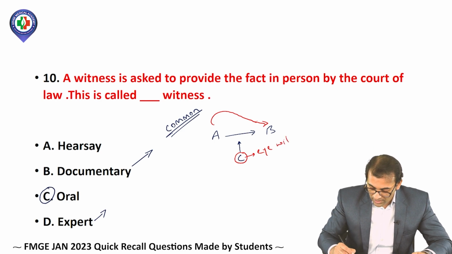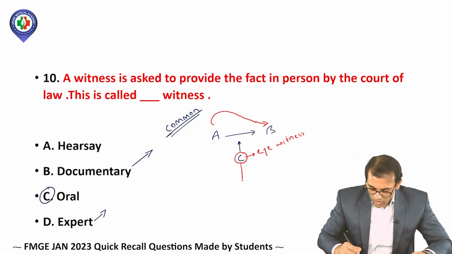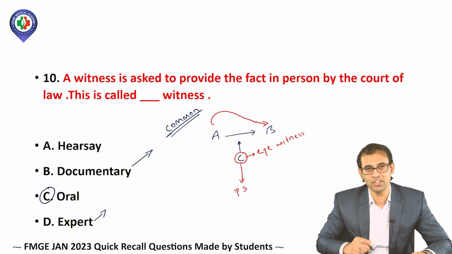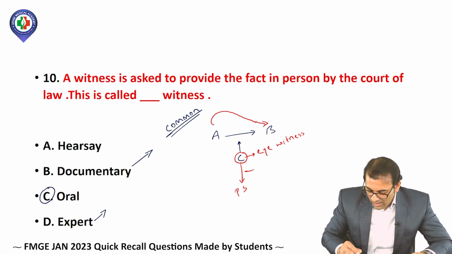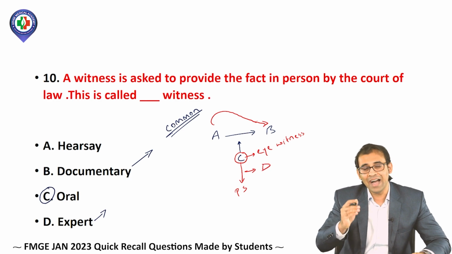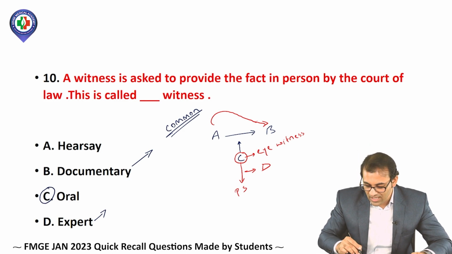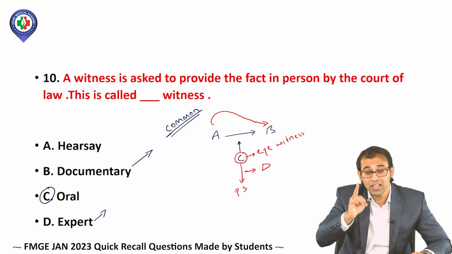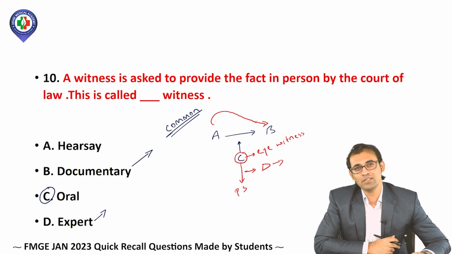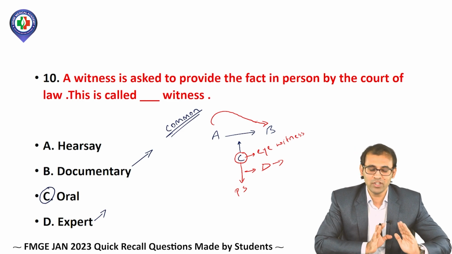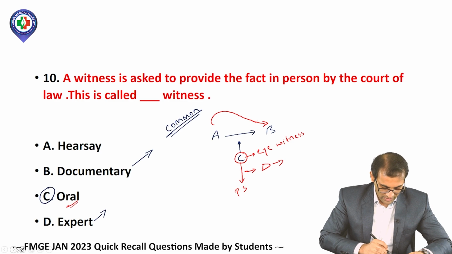Now C is running towards the police station to file a complaint. When he was running, suddenly D came in between and asked, hey, what happened? Why are you running so fast? C told D that A has killed B. Now D will be called a hearsay witness. Fine, so easy to understand. So in this question, the answer will be oral witness.